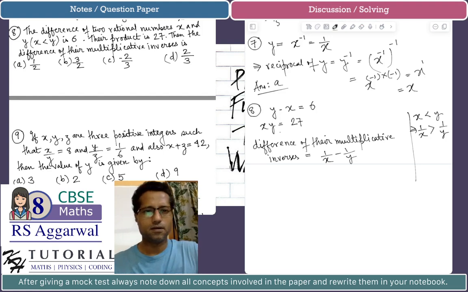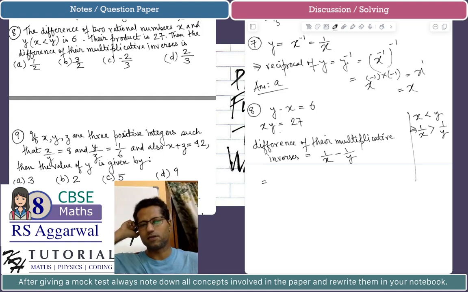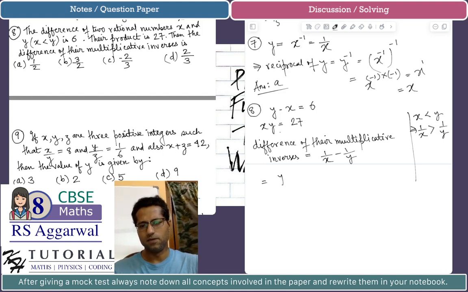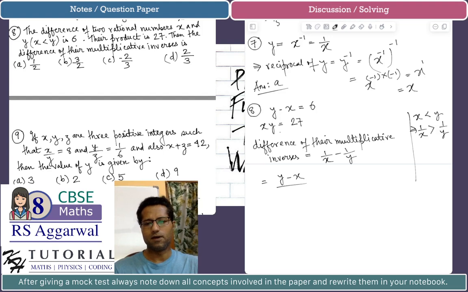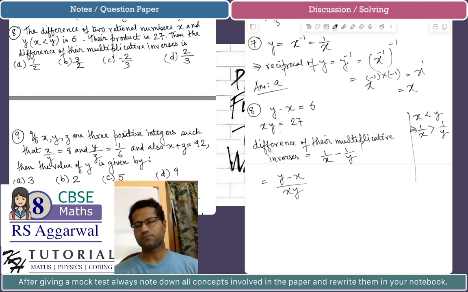It is asking the value of this. Now you are given the value of y minus x and xy. If you simplify 1 by x minus 1 by y, you can clearly see it will be y minus x divided by x and y. I hope you are familiar with this kind of simplification. This is based on algebraic expressions.